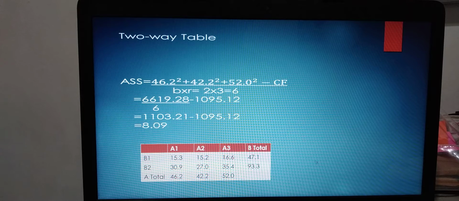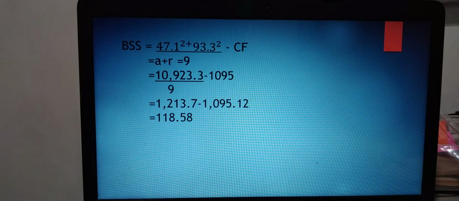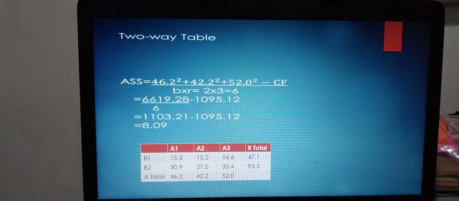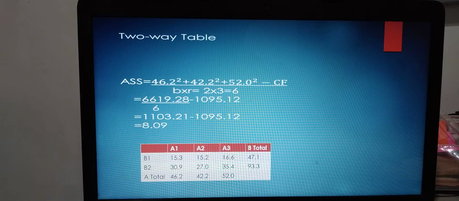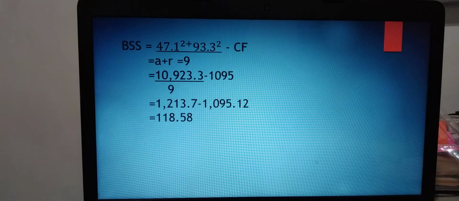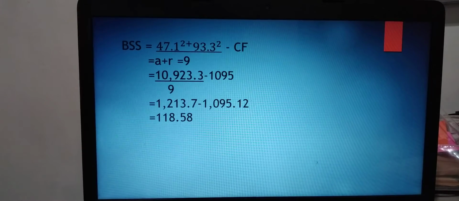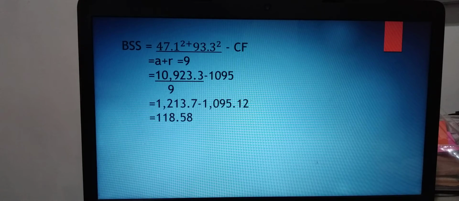So from our table showing where our data gathered, from our SSAs, then our B totals from the previous table, is 47.1 and 93.3. So 47.1 squared plus 93.3 squared, divided by our treatment and our replication, is equal to 9, minus CF.